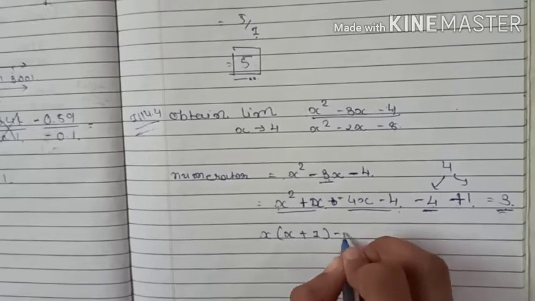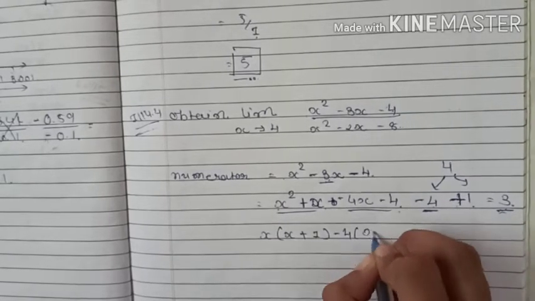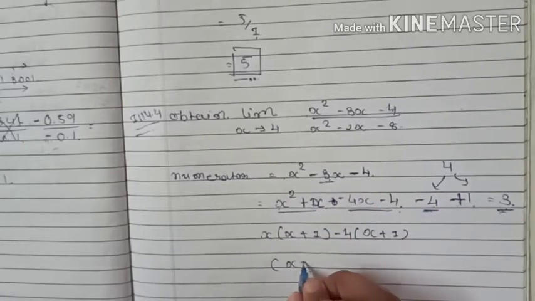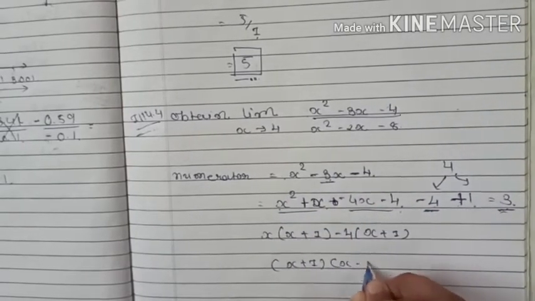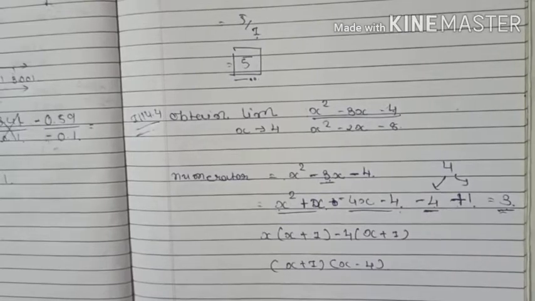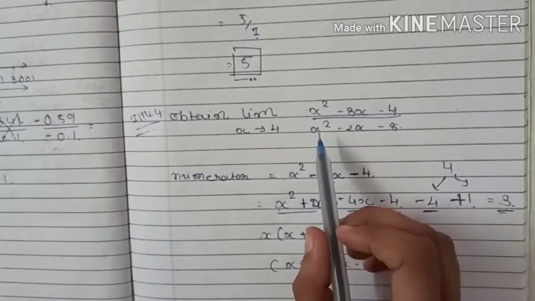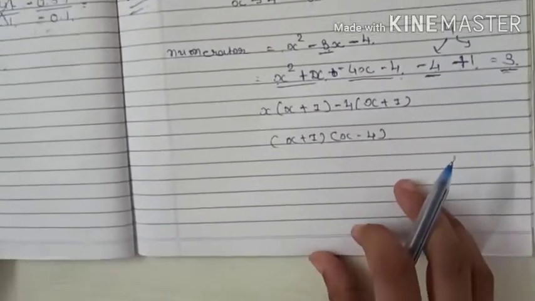Here we take a minus 4 common, so it will come x plus 1. The factorization is x plus 1 and x minus 4. Right? Now let's do the factorization of the denominator.